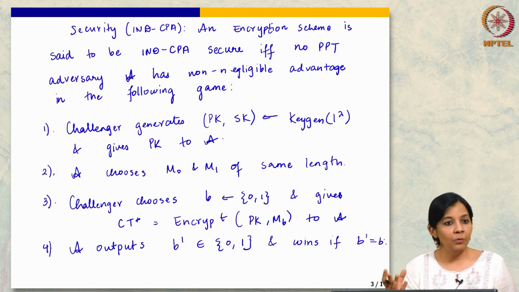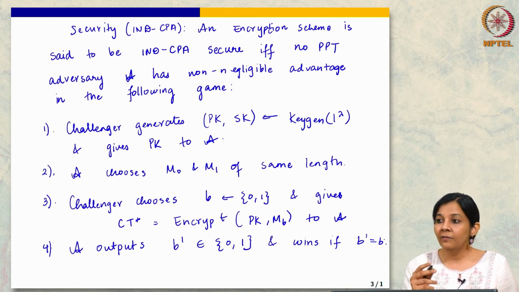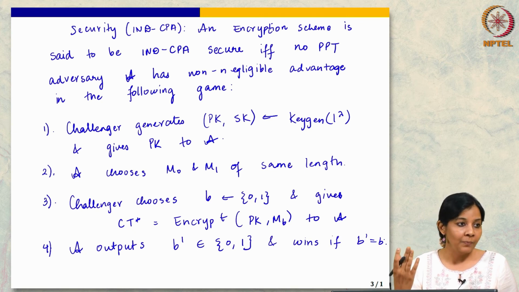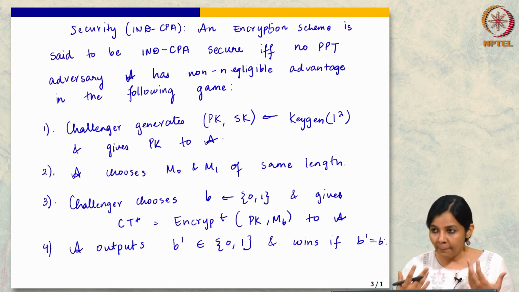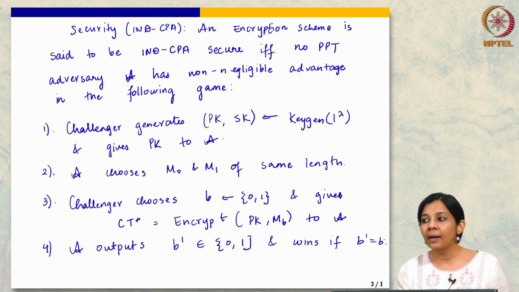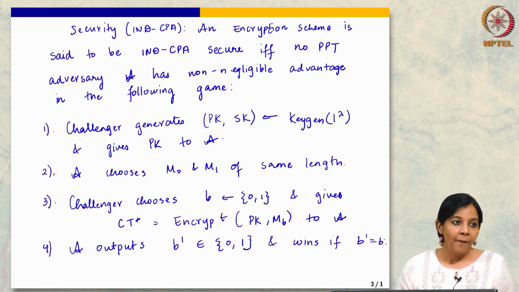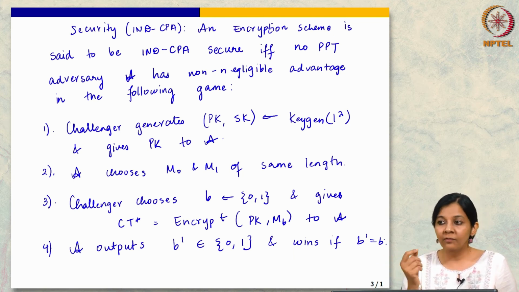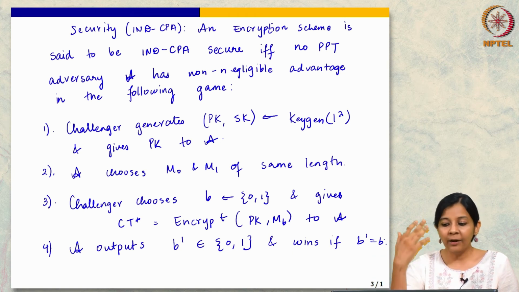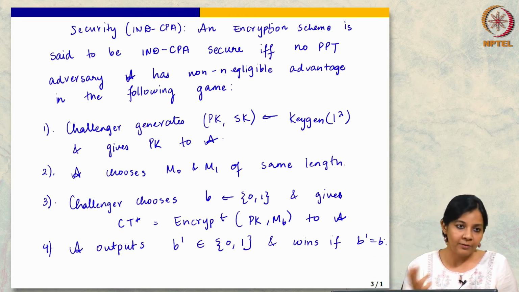There is a stronger notion called IND-CCA security, chosen ciphertext attack. In that, the attacker will also be given access to a decryption oracle, where it can also make decryption queries. This is just, as I said, to capture the idea that the attacker can get everything it wants, so long as it does not ask for a trivial query, it cannot ask for what is b, obviously. That is the one thing that is hidden from it.